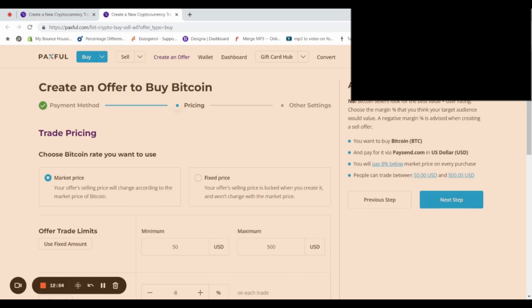Perhaps they're only willing to go 9%, but we're willing to go 8%. Therefore, we can have an advantage and be listed first in the marketplace once we set up our ad. This is a really important part of the process, knowing how to set up your buy ads and sell ads. It will allow you to buy at a discount, sell at a premium, earn the spread, and reinvest that spread to earn compound interest on it.